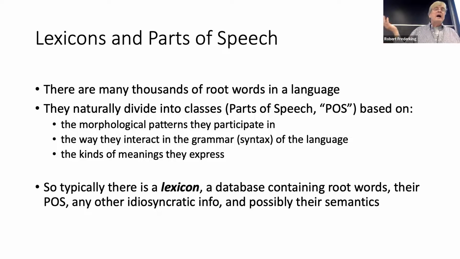We use a lexicon to store them in. So a lexicon is really a big database of words and whatever information is specific to the word. It'll show what kind of morphological patterns they are in. It will show how they interact with the grammar, and they'll often include the kinds of meanings they can express. If you have a system that has to handle meaning, the example I always use is like talking to a robot, right?